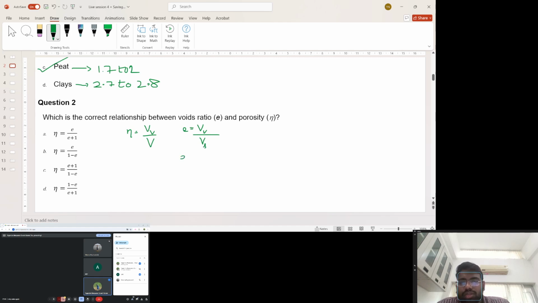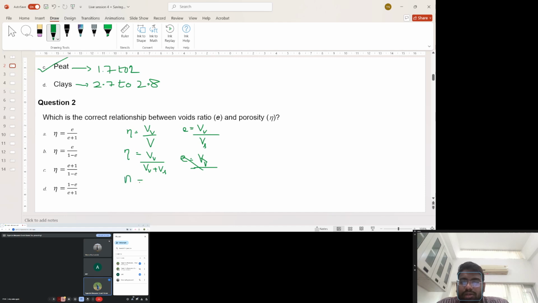So if you take the volume of voids by V, V can be written as volume of voids plus volume of solids, right?